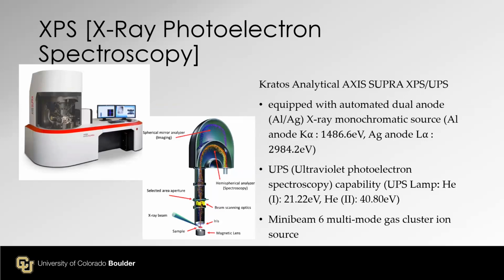For XPS, what we have is the Kratos Analytical Axis Supra XPS and UPS. It's equipped with an automated dual anode, aluminum and silver, X-ray monochromatic source. Aluminum K alpha is well established and we use it most of the time.